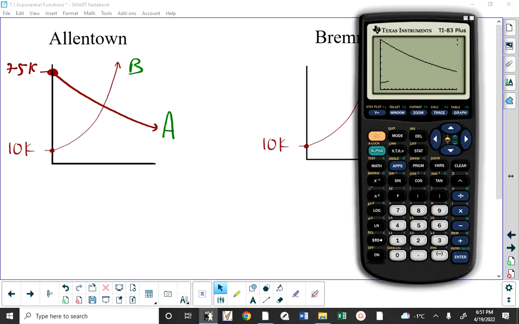People are moving out. Here comes Brementown. Business is booming. People are moving in. So we can see the point of intersection, and we can find that with the Calculate menu and choosing Intersect. They intersect at 14.65 years.